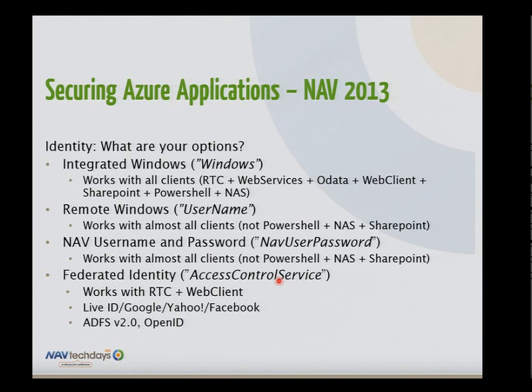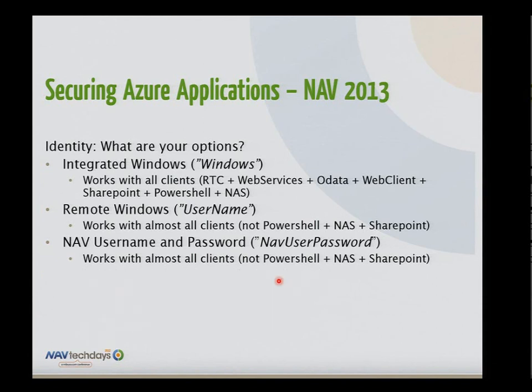You can also configure it to work with federated Active Directory. So if you have an Active Directory and you want to preserve your users in there, then you can configure that one to communicate with ACS. And then you are actually using all your users in your Active Directory in the cloud.